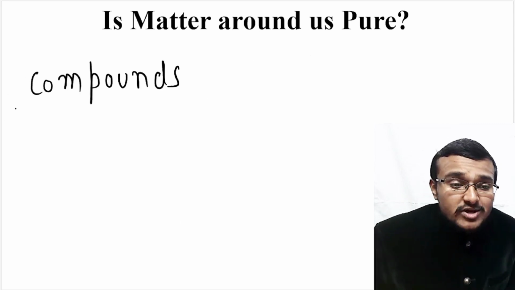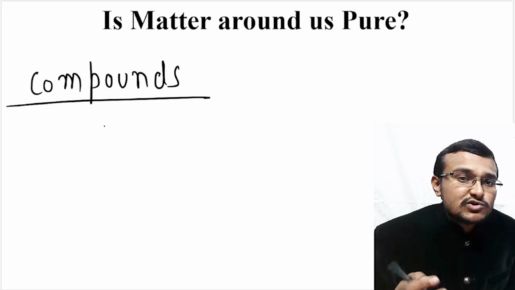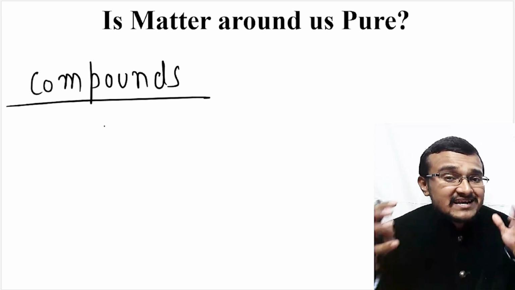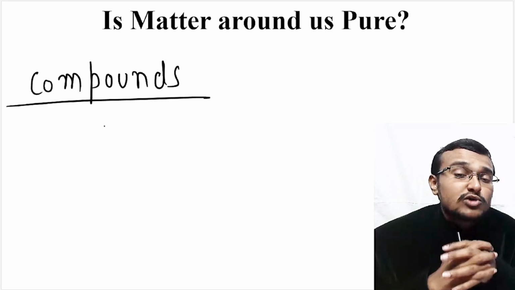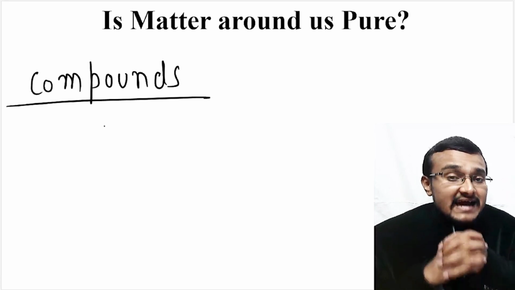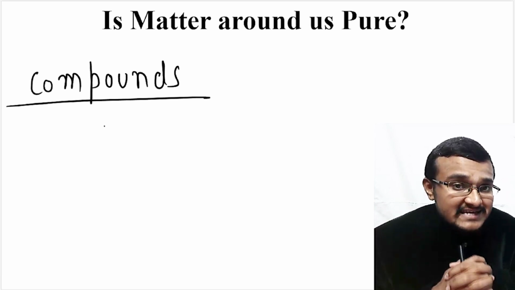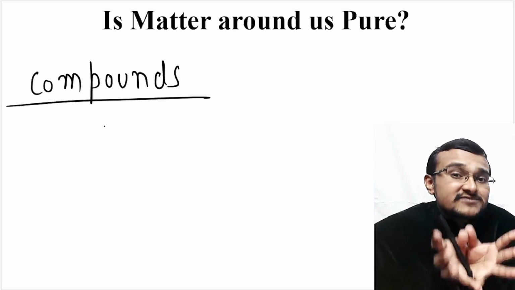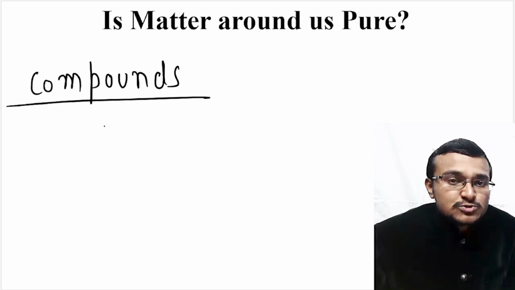So two or more elements combine together to form a different chemical substance. So there will be a chemical interaction between two or more elements. That particular chemical interaction between two or more elements will give rise to a new kind of substance, and that particular substance is known as compound.